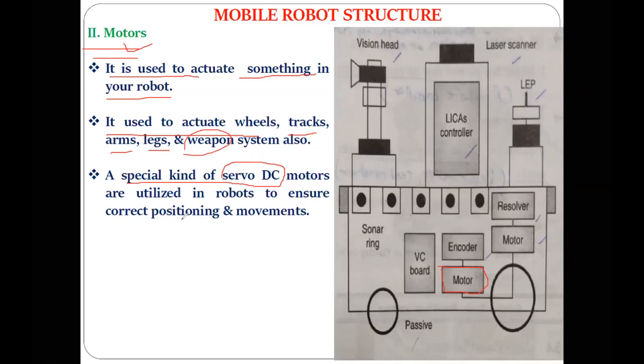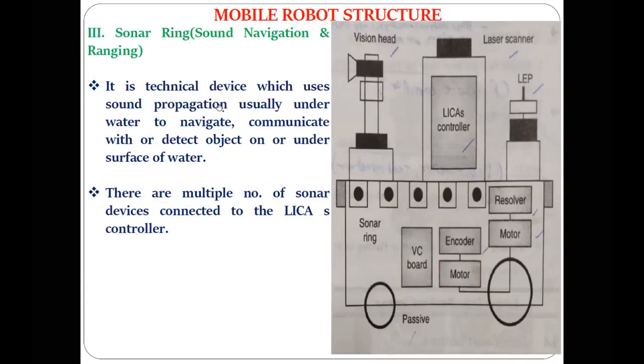Direct current motors are utilized in robots to ensure correct positioning and movement. Keep in mind that in most robots, servo DC motors are being utilized. This point will be helpful for your general knowledge also. So this is the second functional module, or component.